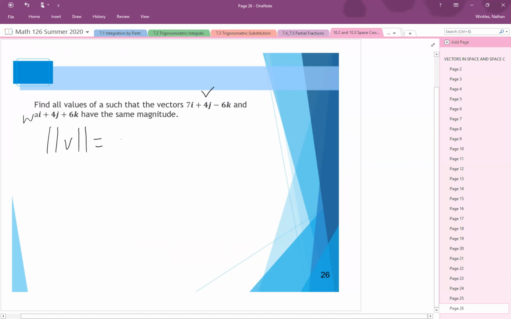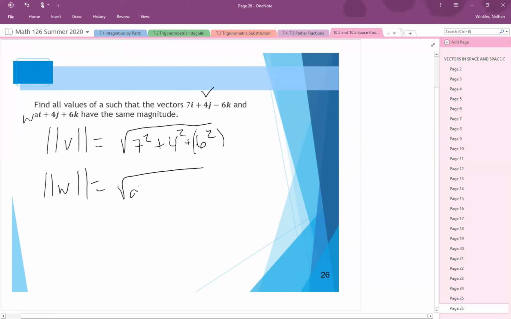So magnitude of v is the square root of 7 squared plus 4 squared plus negative 6 squared. The magnitude of w is the square root of a squared plus 4 squared plus 6 squared. So in order for them to have the same magnitude, the magnitude of v must equal the magnitude of w.